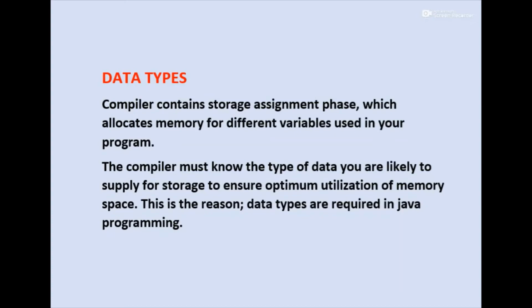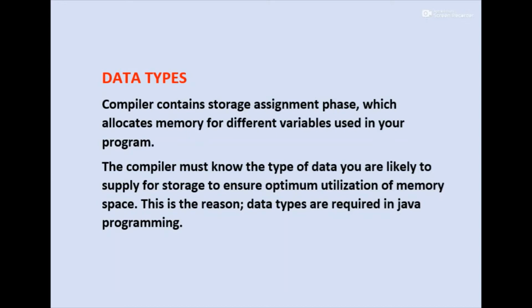Now the second question is, what is the purpose of data types? We can say data types are used for optimum utilization of memory space. The compiler contains a storage assignment phase, and this phase allocates memory for different variables used in a program. We all know that we have to use different types of variables for storing the values, and these variables are memory locations.